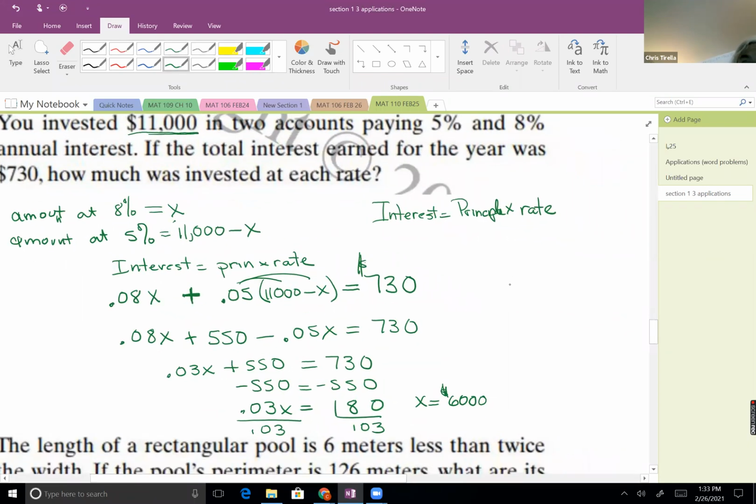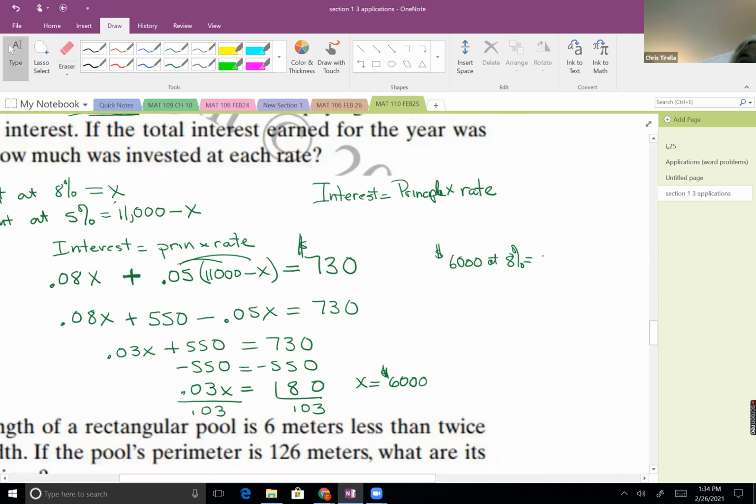And so we'd have $6,000 at 8%, which would give me 6,000 times 0.08, $480 interest.